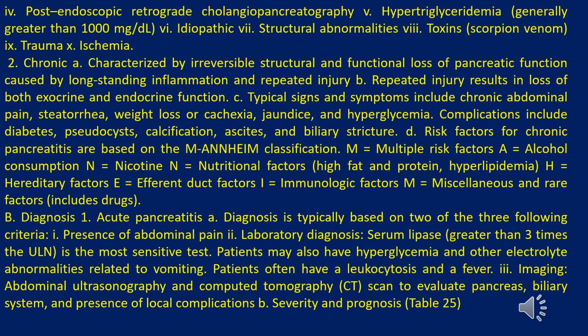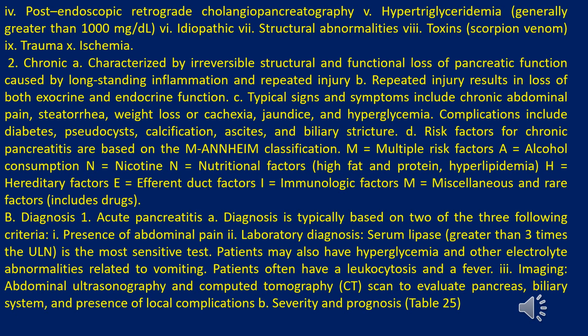Post-endoscopic retrograde cholangiopancreatography. 5. Hypertriglyceridemia, generally greater than 1000 mg per deciliter. 6. Idiopathic causes. 7. Structural abnormalities. 8. Toxins, e.g. scorpion venom. 9. Trauma. And 10. Ischemia.